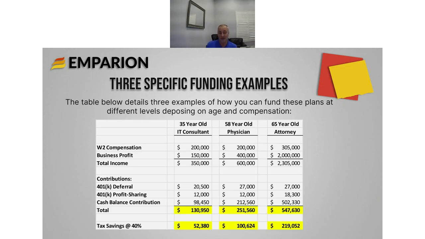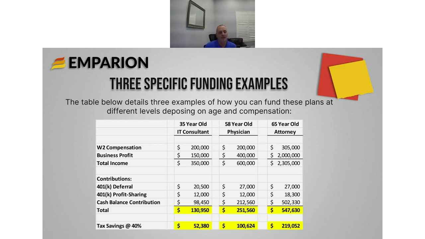We've got a 35-year-old IT consultant, 58-year-old physician, 65-year-old attorney, both different ages, slightly different income with different funding levels. So the goal here is to kind of illustrate this isn't necessarily maximum levels or minimum. These are just kind of giving you examples of some plans we've set up here in the last year or so, just to kind of give you an idea of what you can do with these plans.